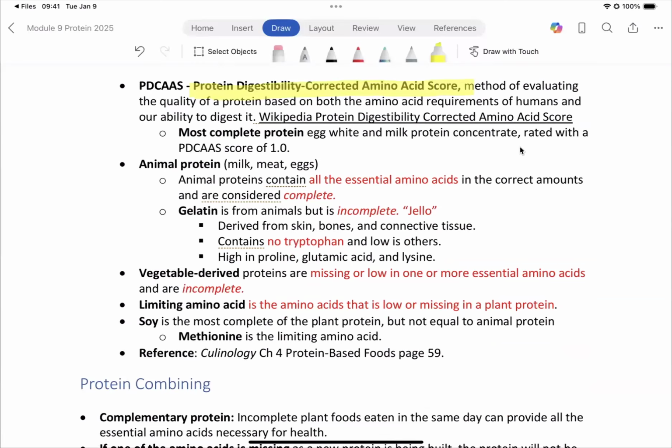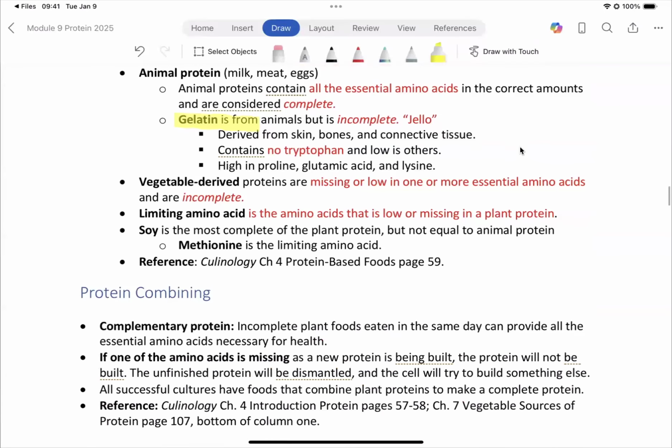Again, animal proteins are complete proteins. That's what we say, except for gelatin, like Jell-O, because it doesn't contain any tryptophan. Most of the vegetable proteins are missing or low in 1 or more essential amino acids, and this is called their limiting amino acid.